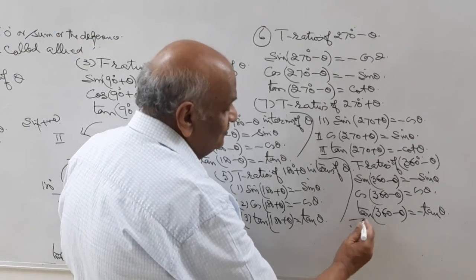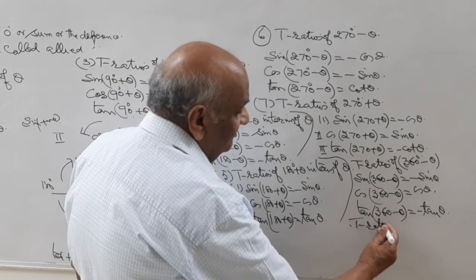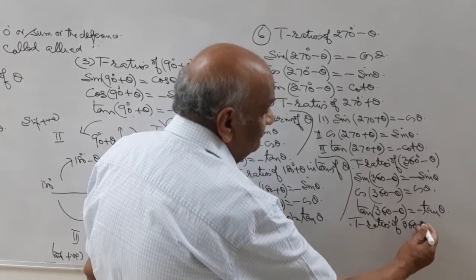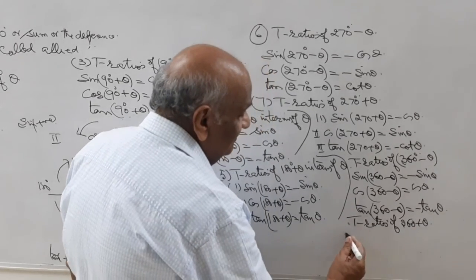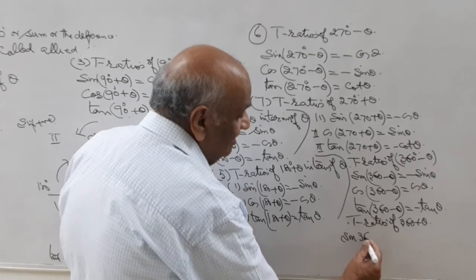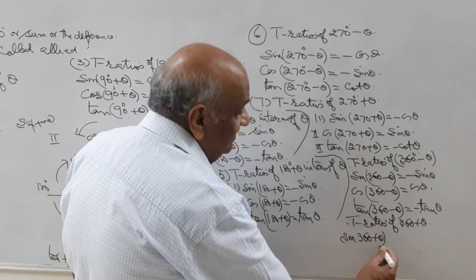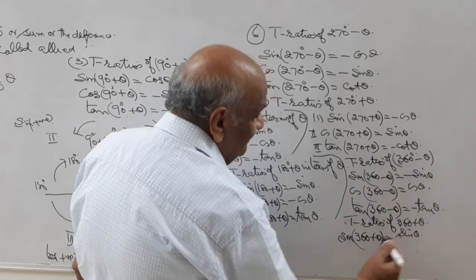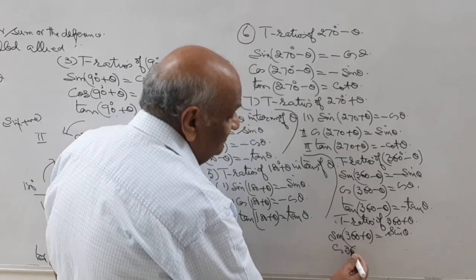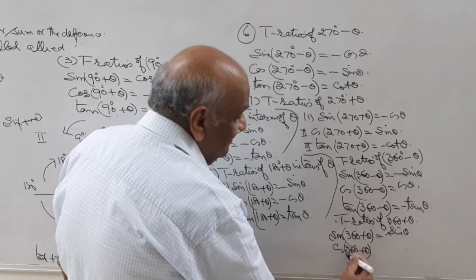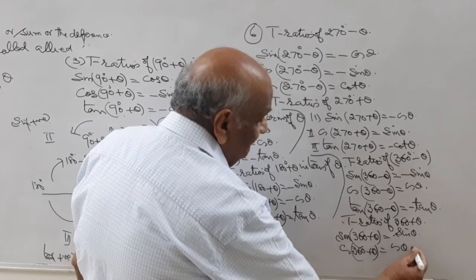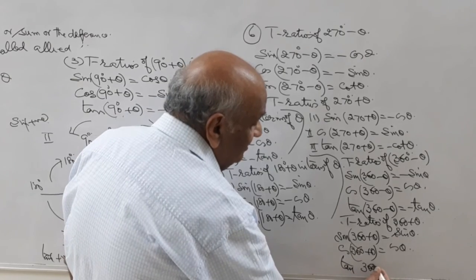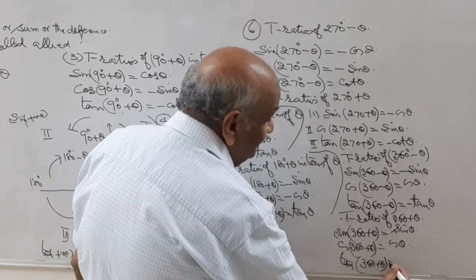See here, T ratios of 360 plus theta. I can put up the results. Sin 360 plus theta, as it is unchanged, is sin theta. Cos 360 plus theta is cos theta. Similarly, tangent of 360 plus theta is tan theta.